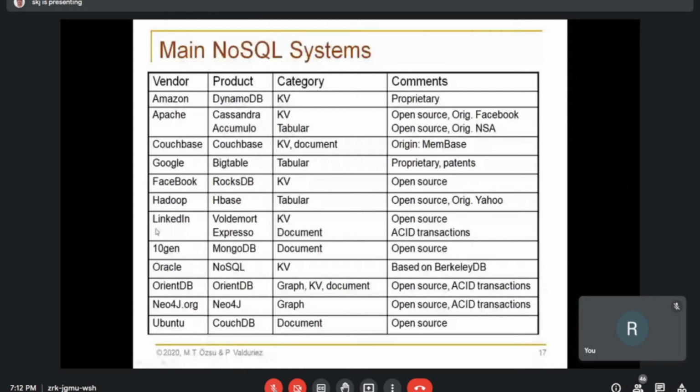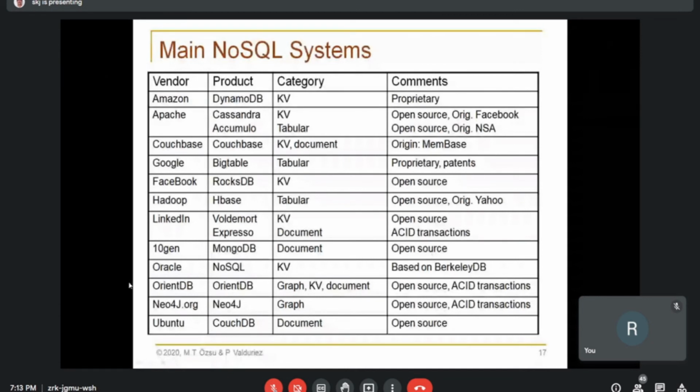LinkedIn Espresso, key value, document, open source, with ACID transactions. 10gen, MongoDB. The company 10gen, document, open source.